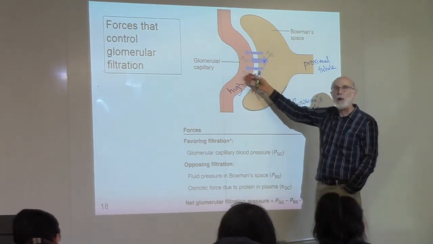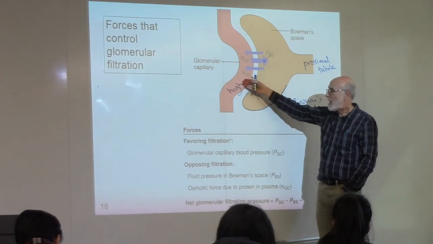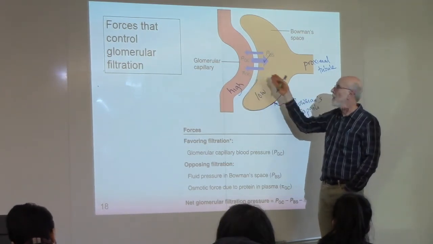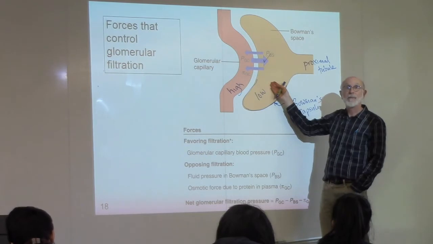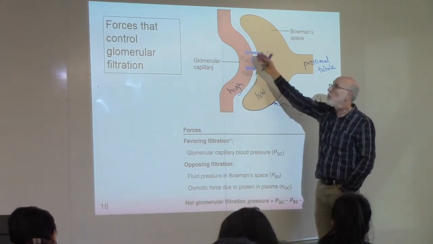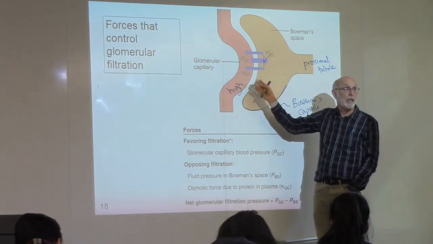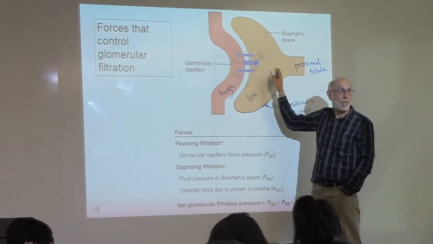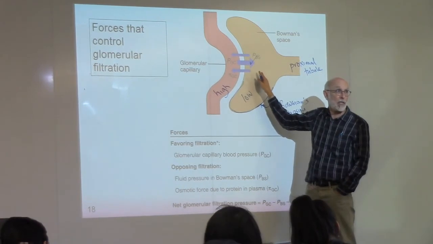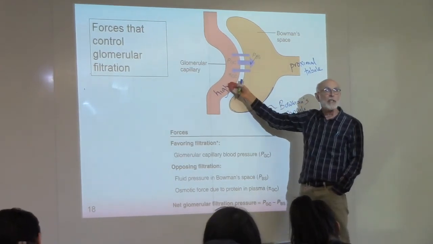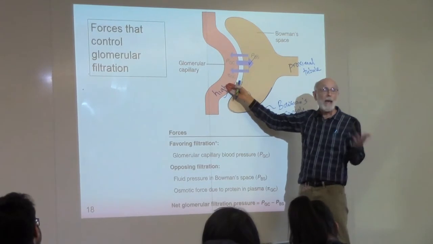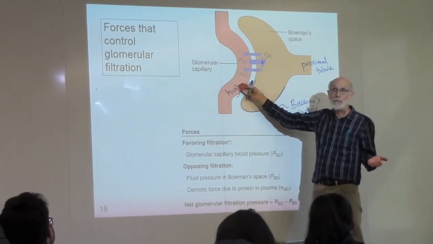And why does this material here have a higher concentration than the material here? Albumin is the simplest direct answer. Remember, albumin did not get filtered. So as water is forced out by hydrostatic pressure, the concentration of solute, including albumin, increases.